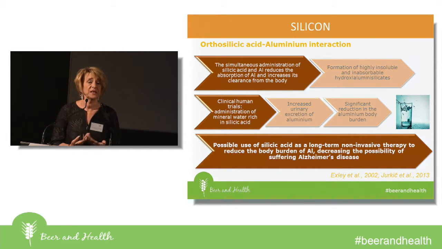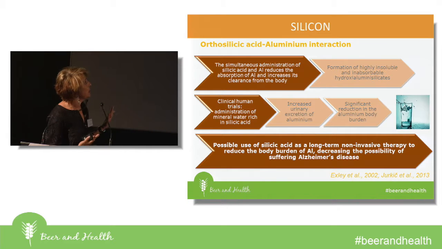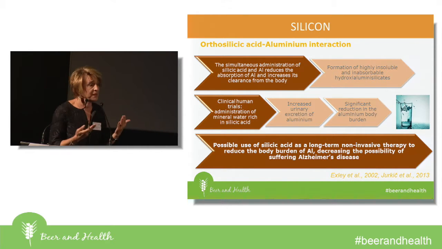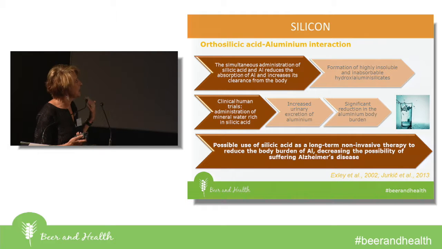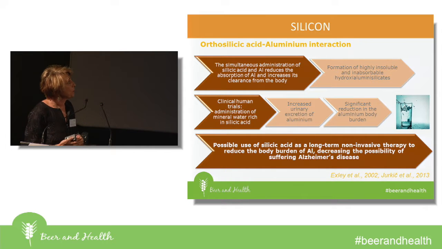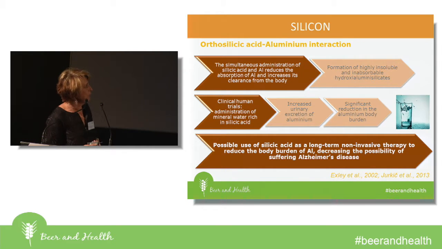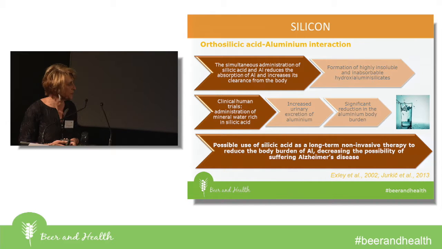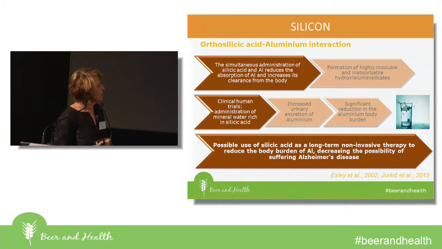We have also seen different studies on the interaction between silicon and aluminium. We have silicic acid. We see that both substances promote the elimination of aluminium. We see different soluble substances, such as the silicates, the silicon derivatives.